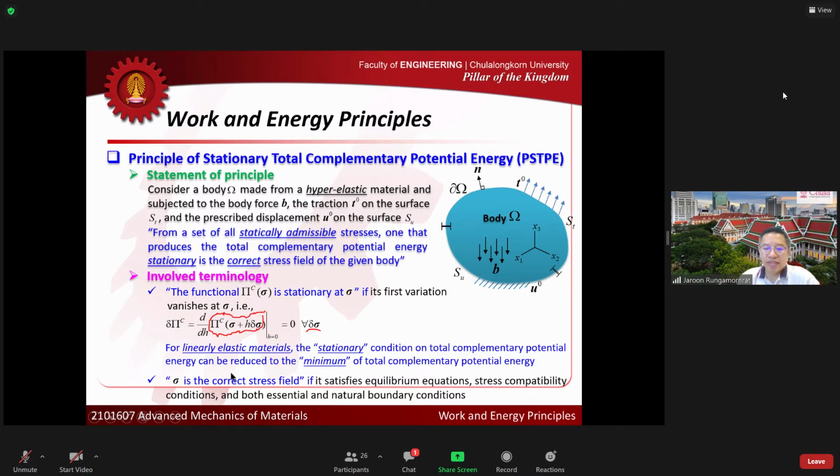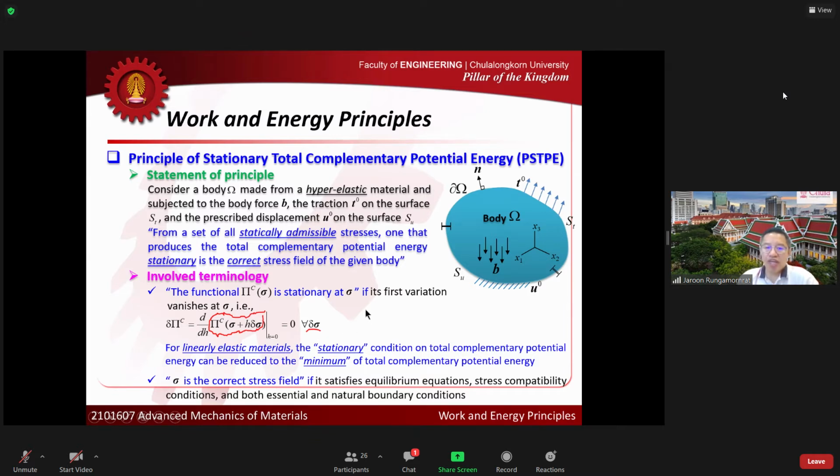So if you want to verify that stress is the correct stress field, all these conditions have to be satisfied. That's what I try to say here. This is the classical condition that we use to check whether stress is the correct stress field or not. We check all these conditions.